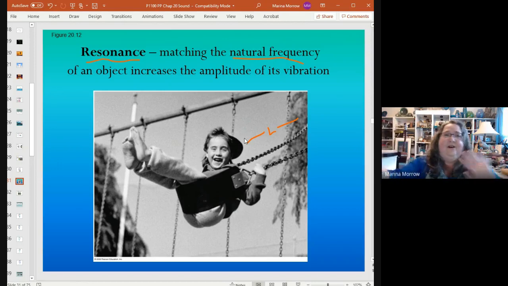You don't just stick your arms out at random times. No, you stick your arms out when the kid is coming towards you, and you push them back the other way when they're ready to go back. So you're matching the natural frequency. And you can increase the amplitude of the vibration by matching it.